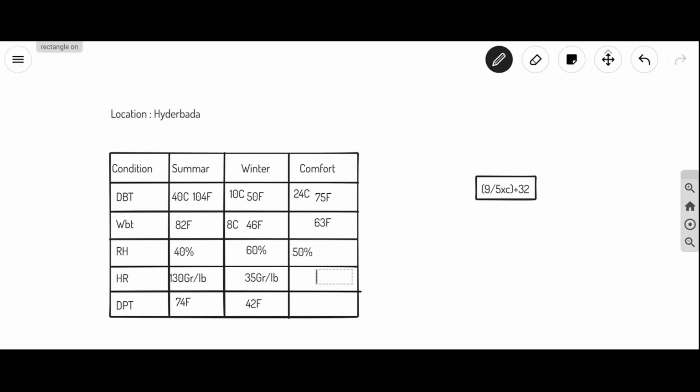It comes to 35. HR. And dew point temperature 55 degrees Fahrenheit.